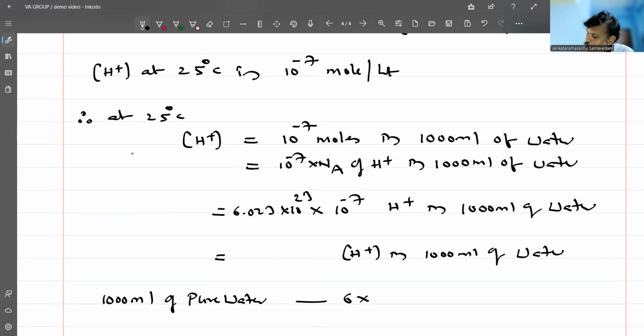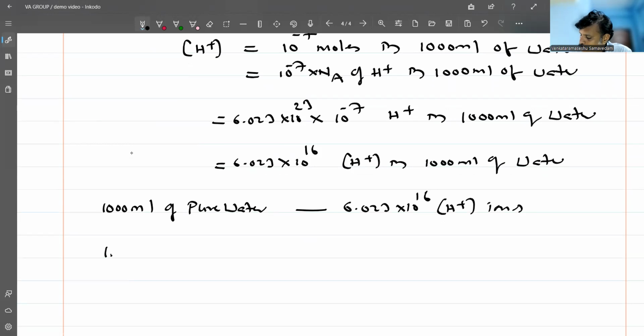Here also 6.023 into 10 power 23 minus 7, nothing but 16. H plus ions in 1000 ml. Therefore, here I am writing 6.023 into 10 power 16 H plus ions. If you want 1 ml of pure water, then how many H plus ions are there?